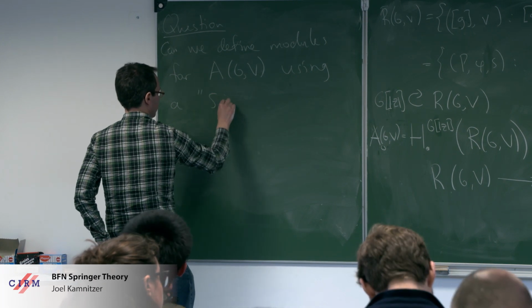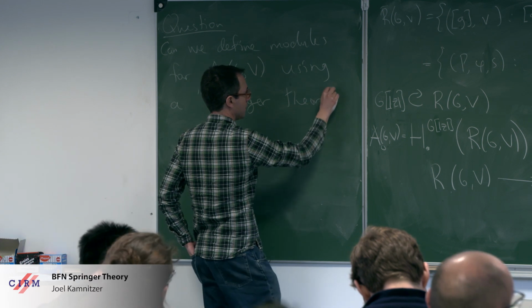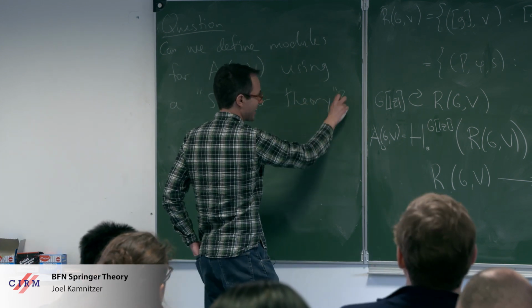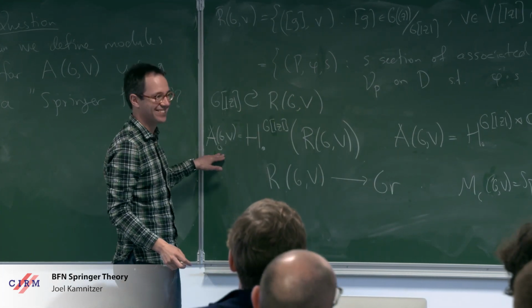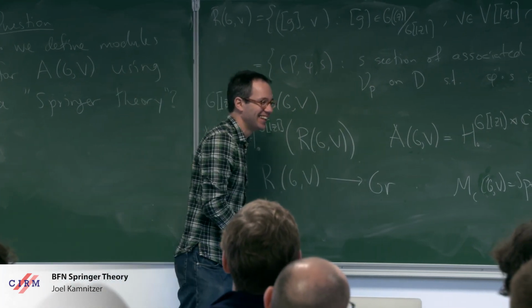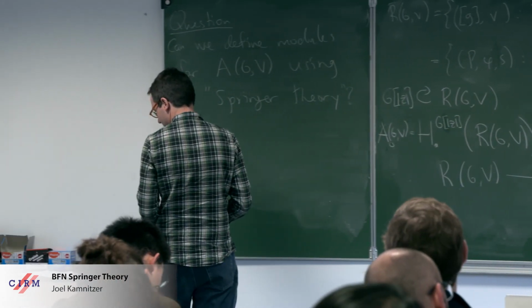Do you want modules for A_0 or for its quantization? Both, but in my notation today, I'm actually using A_G for the quantization, and I'm using A_0 for the non-quantized version. Sorry.